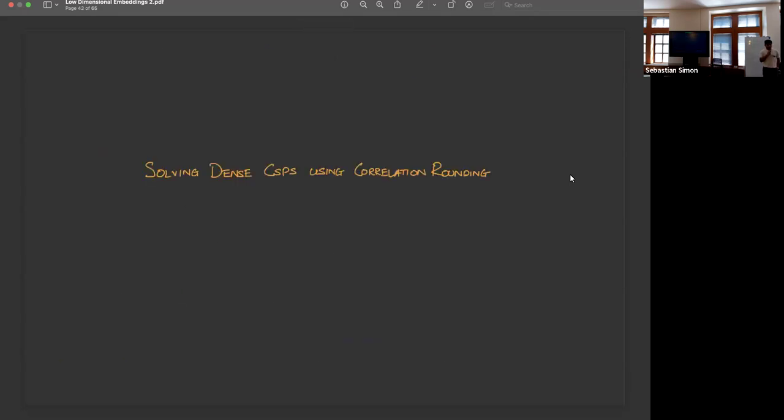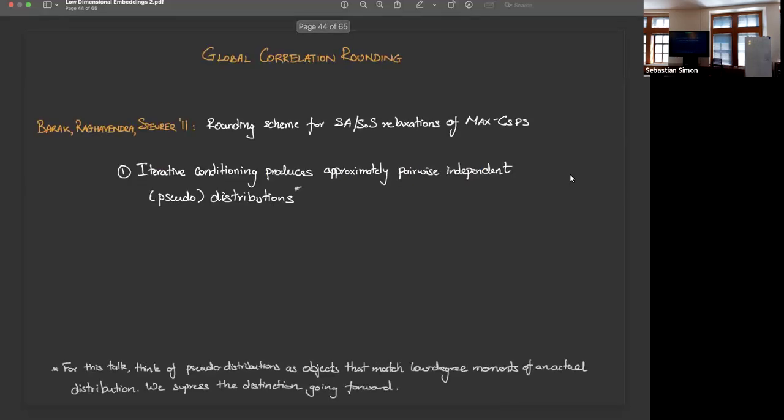Okay. So let me give you a quick overview of how to solve dense CSPs using correlation rounding. And then the story will come up and I'll tell you how to do it. Okay, so there's this really nice work by Barak, Raghavendra, and Steurer. They present this whole correlation rounding framework for rounding Sherali-Adams and some sorts of relaxations of max CSPs.